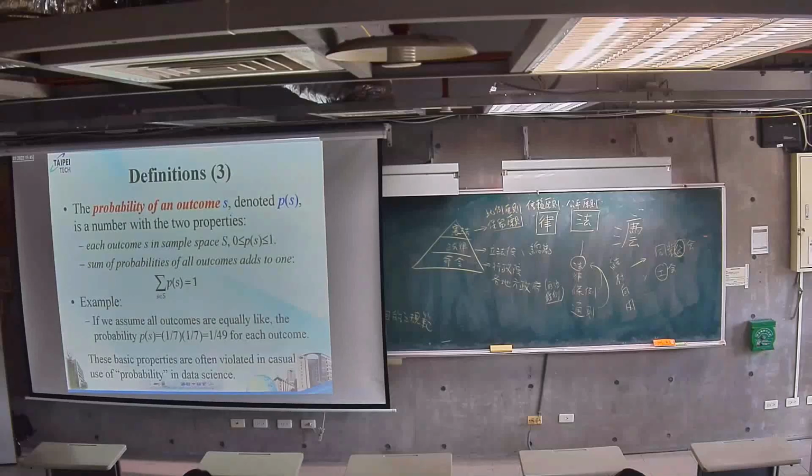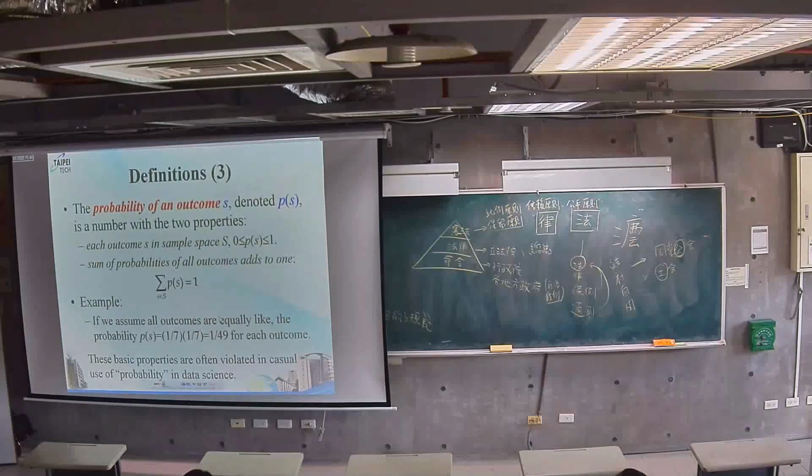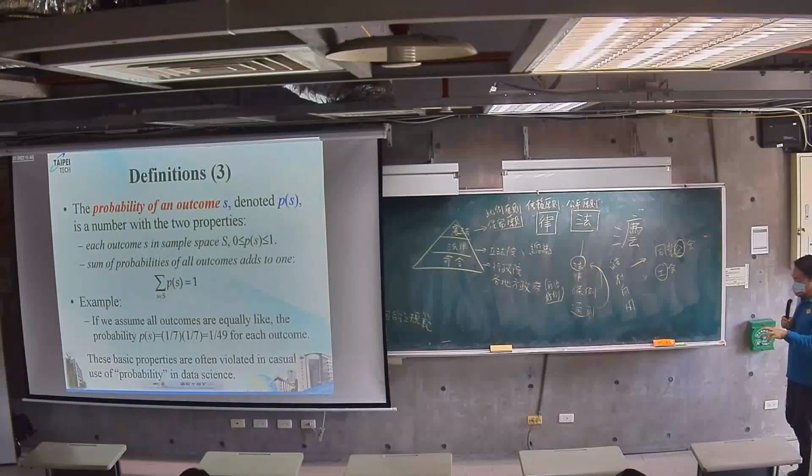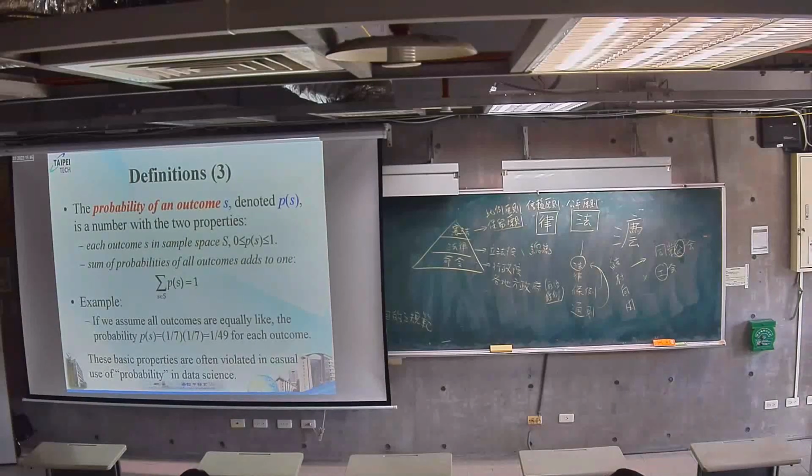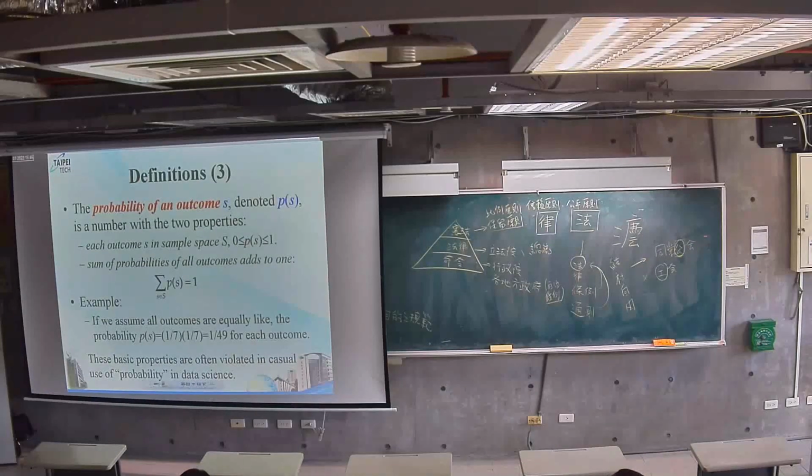Because we assume that all outcomes are equally likely, if we do the summation over the probabilities of all the outcomes, they equal 1. So this would be the easiest case where you can define the probability over the sample space.